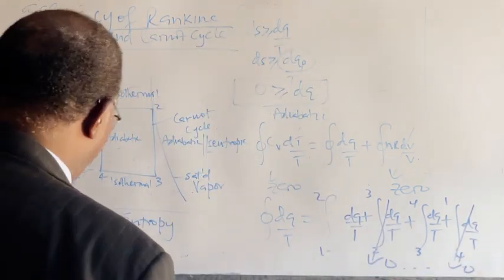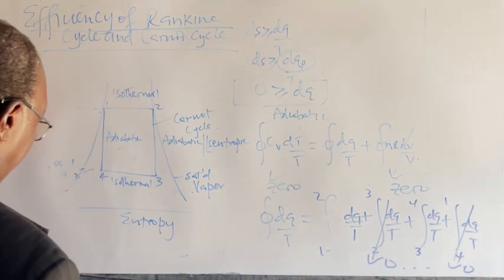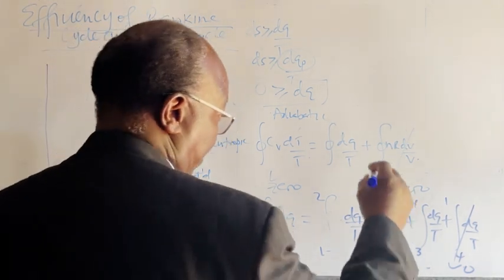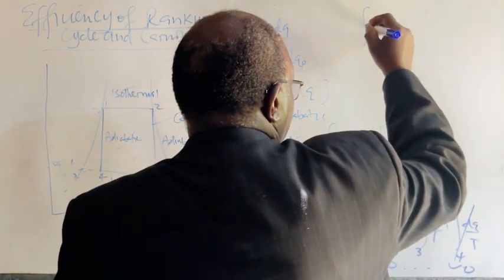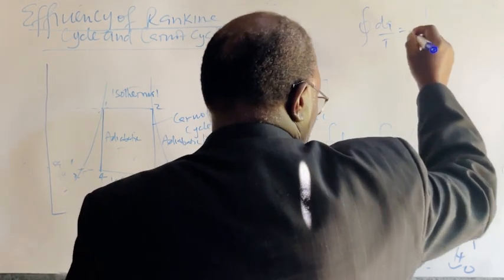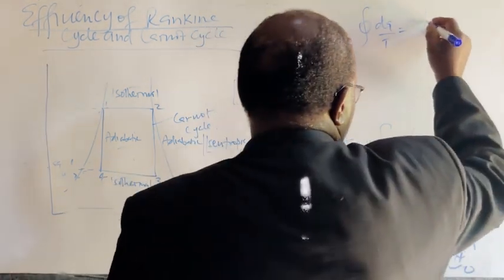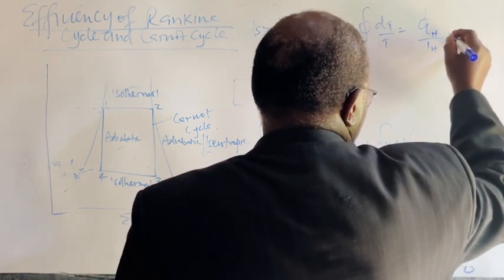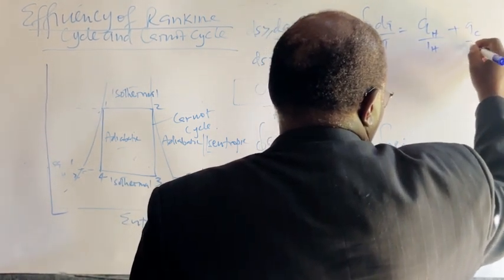So what are we left with? We are left with the cyclic integral of dq over T equals QH over TH plus QC over TC.